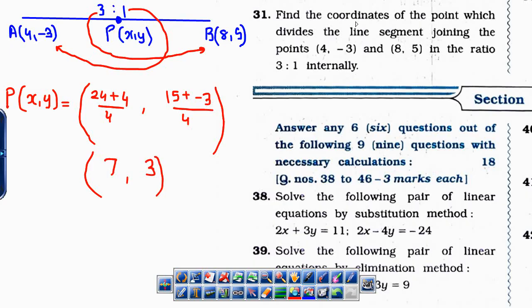The final answer is the coordinate of the point which divides is 7, 3.